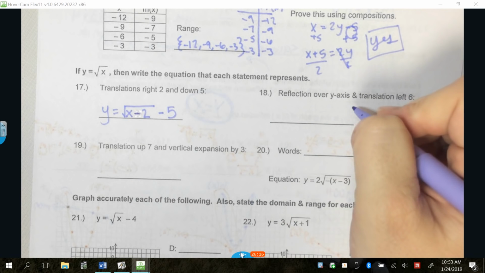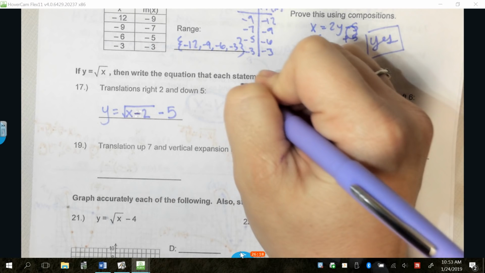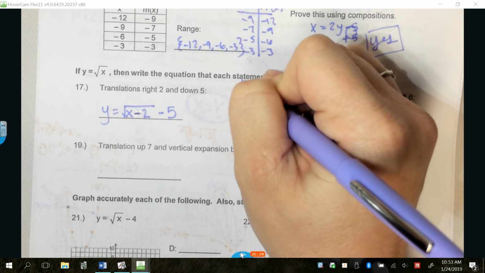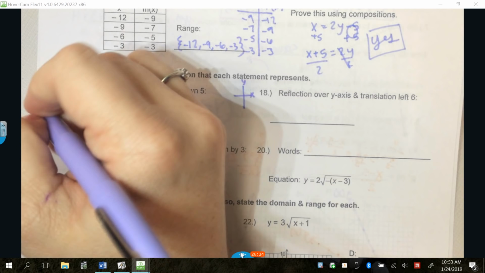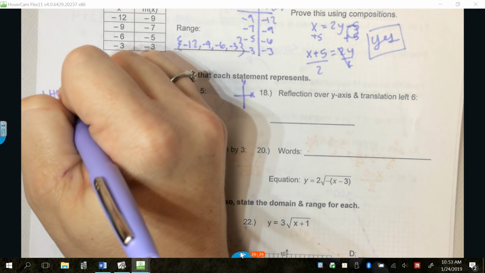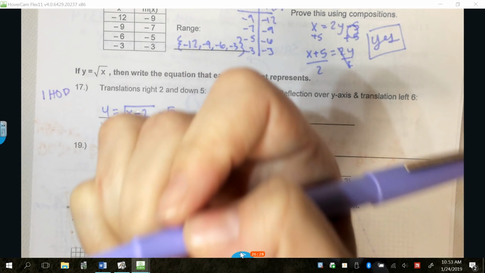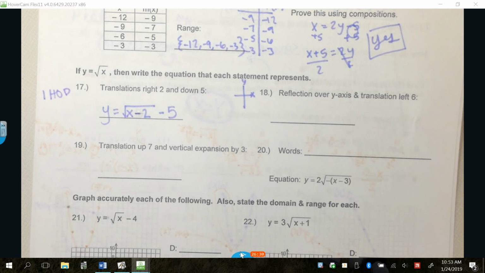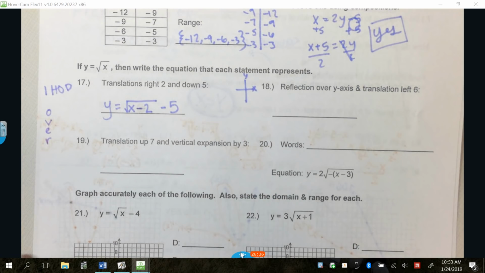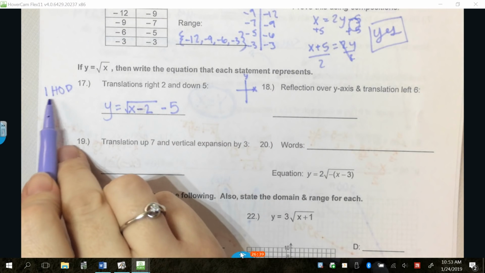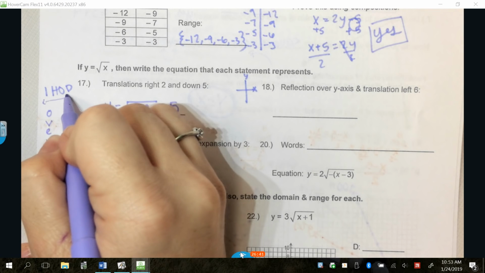Okay, reflection over the y-axis. So I always like to draw a picture to remind myself. Reflection over the y is a side-to-side change, which is IHOD. So IHOD is an inside horizontal change.